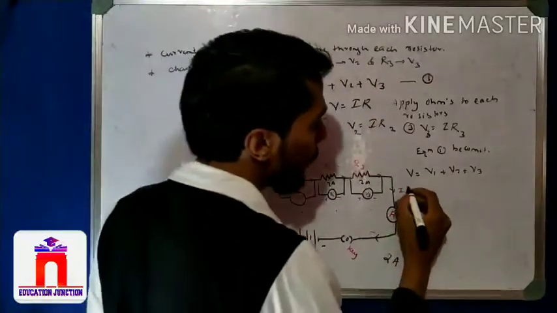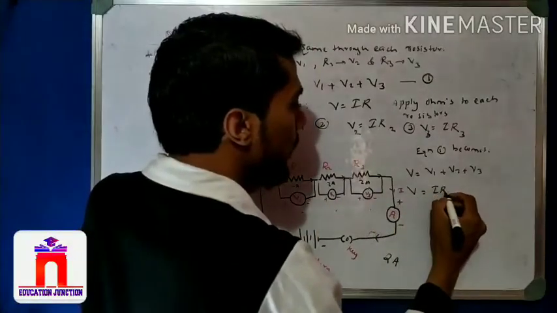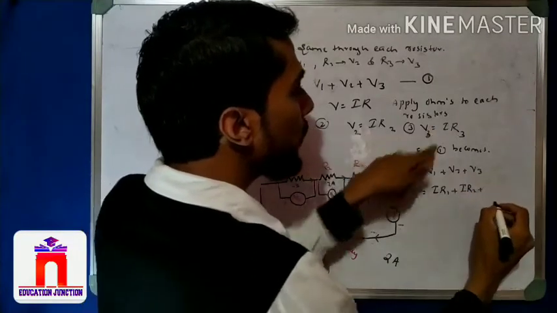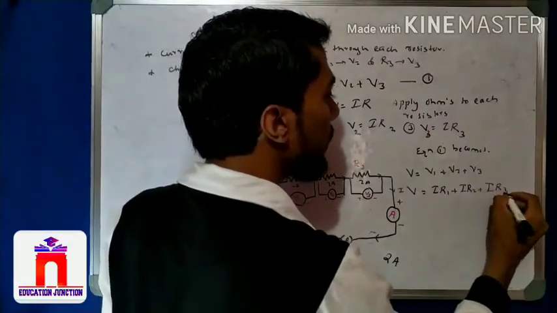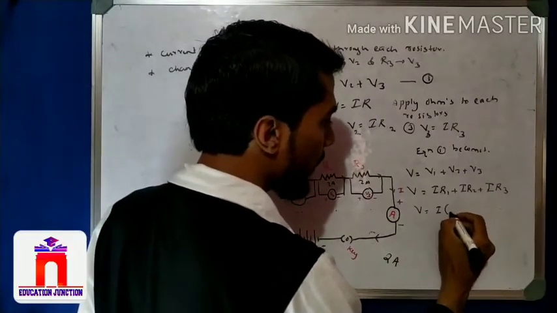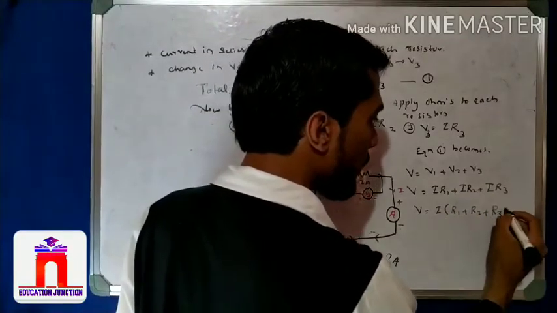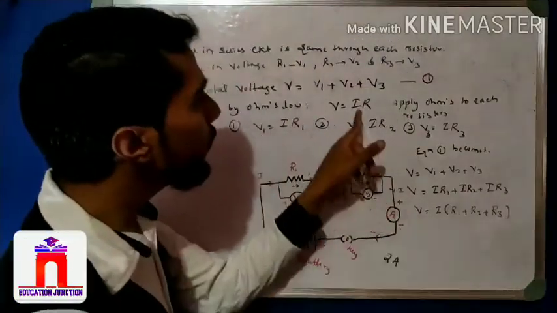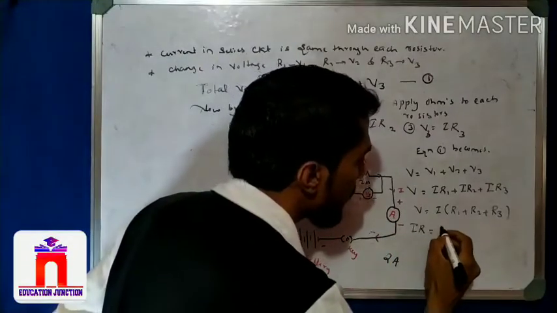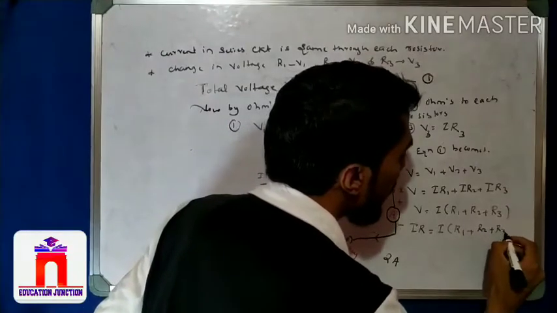V1 is nothing but IR1, plus V2 which is IR2, plus V3 which is IR3. Now I take I common, so we get I times R1 plus R2 plus R3. V is equal to IR, so IR is equal to I into R1 plus R2 plus R3.